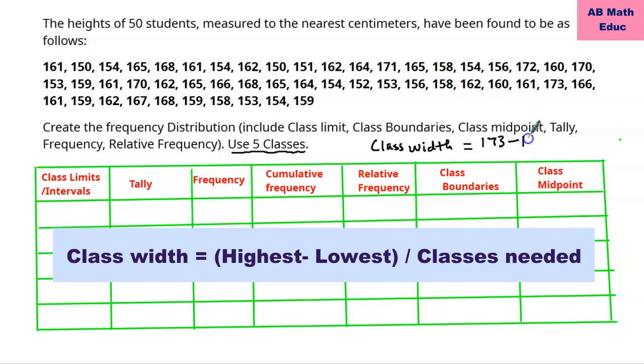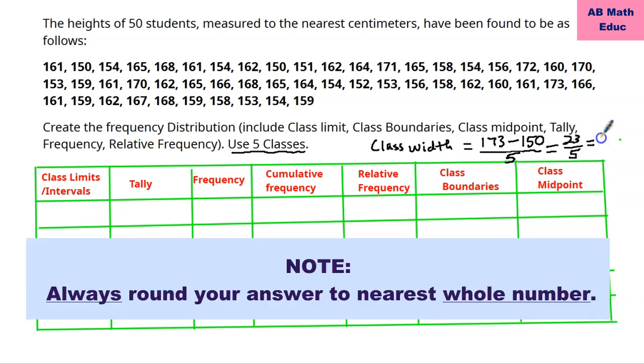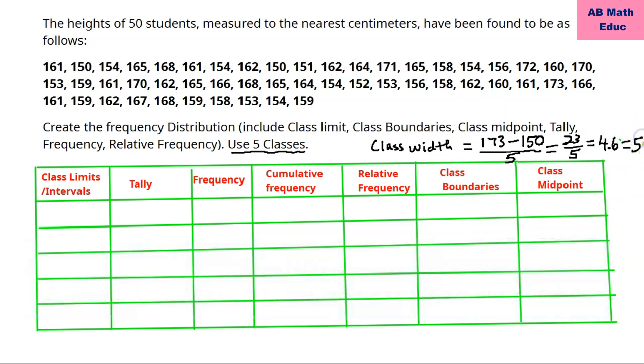So 173 minus 150, and then you divide by the number of classes, which is 5. Subtracting, we get 23 over 5. Use your calculator, which gives 4.6. But we cannot have the width of the class as a decimal. We have to round it up to the nearest whole number, which is 5. This is very important. That's the first thing you have to do.